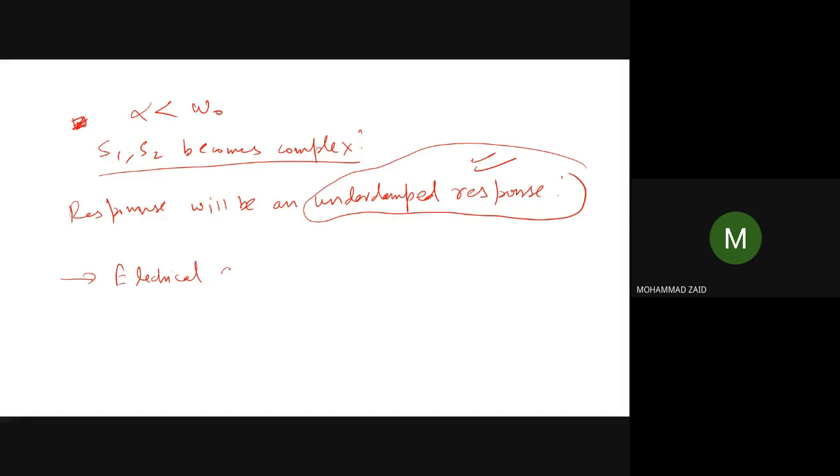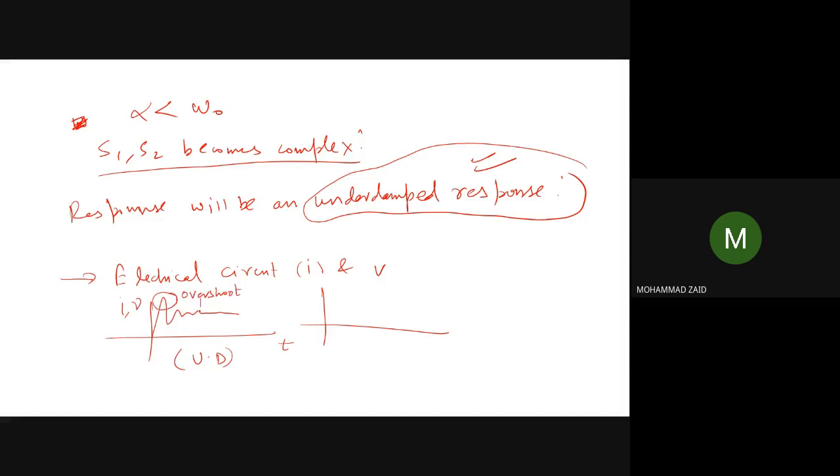That means electrical circuit current and voltage can behave like this. Maybe you have seen this graph many times. This is current or voltage with respect to time. So an underdamped response may have some overshoot.